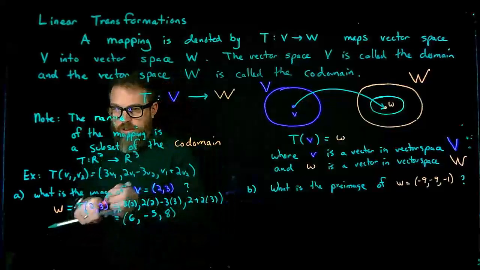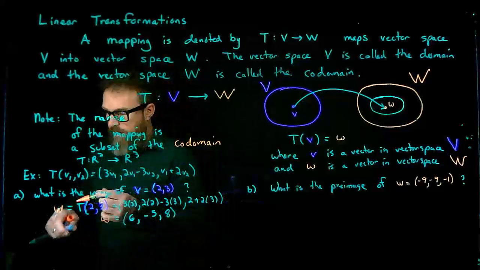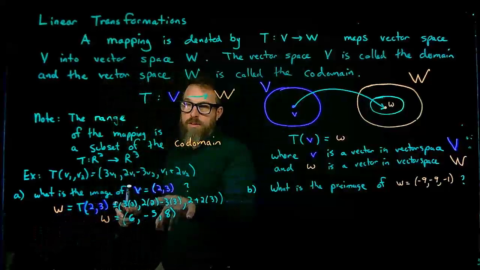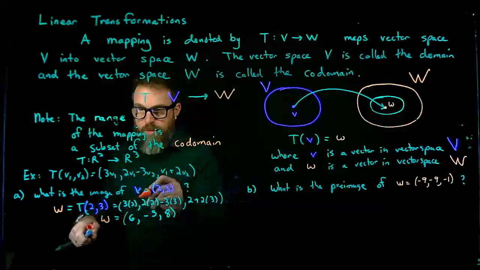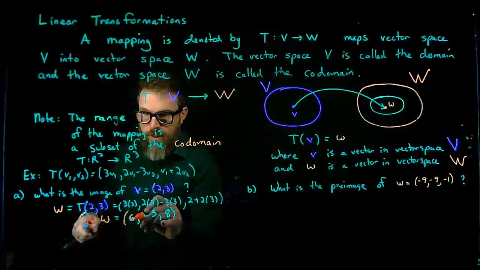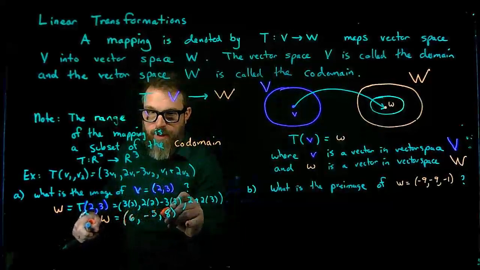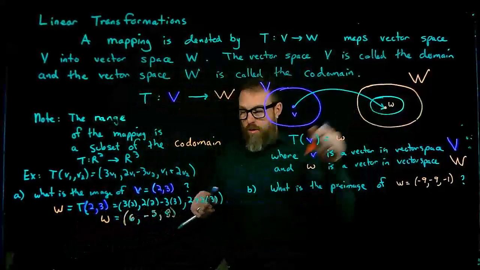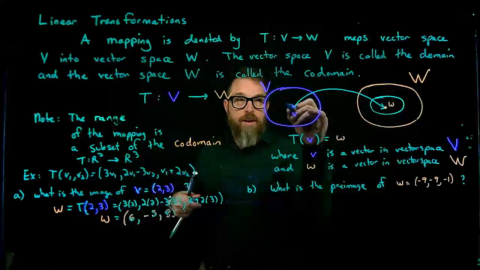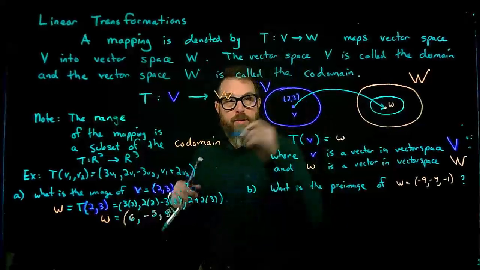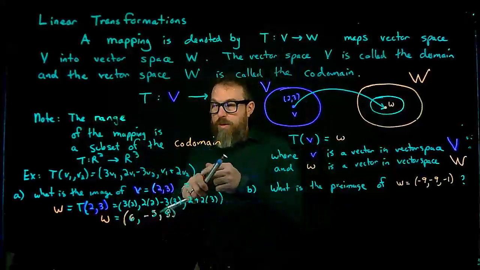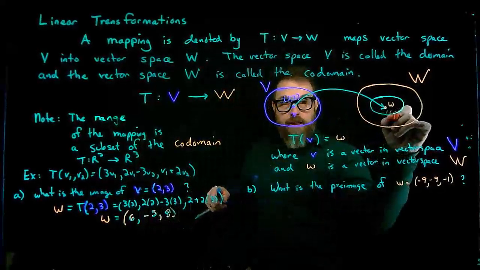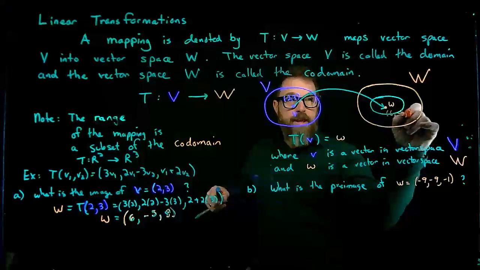So this w vector, the output of this R2 vector, is going to be this R3 vector: 6, negative 5, 8. Really the idea is that this vector, 2 comma 3, is going to map to this vector w, which is 6, negative 5, 8.